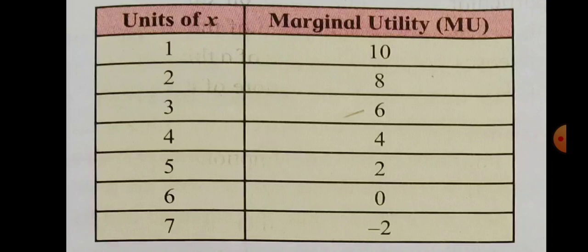Fifth unit, it falls to 2. Sixth unit, marginal utility becomes 0. And when the consumer consumes the seventh unit, marginal utility becomes negative. So what is the observation of this schedule? With the consumption of each additional unit of commodity, marginal utility goes on falling.